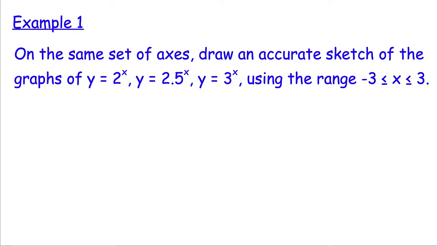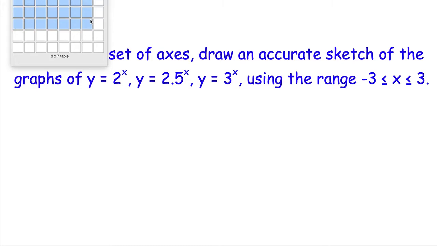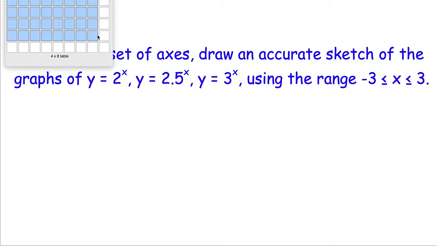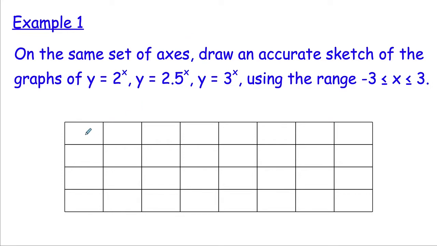You can go ahead and draw yourself a little table if you want, or you can have a quick think about it. Let's go -3, -2, -1, 0, 1, 2, 3, 2 to the power of x, 2.5 to the power of x, and 3 to the power of x.